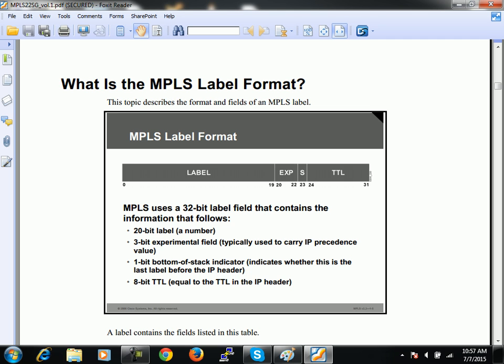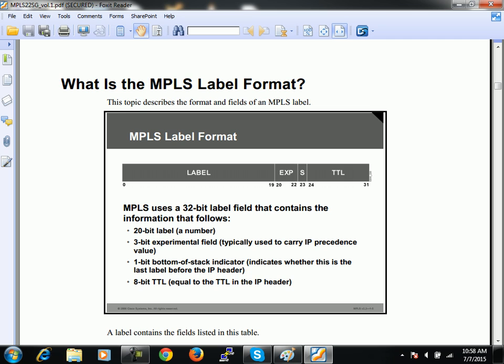Like with a GRE tunnel, you can add more than one IP header over your packet, right? So only the outer, external IP header is opened by the devices. In the same manner over here also, if you are having more than one label in a label stack, then only the outer label will be opened by your network devices. So how will it come to know that it is also having some other labels in its label stack?